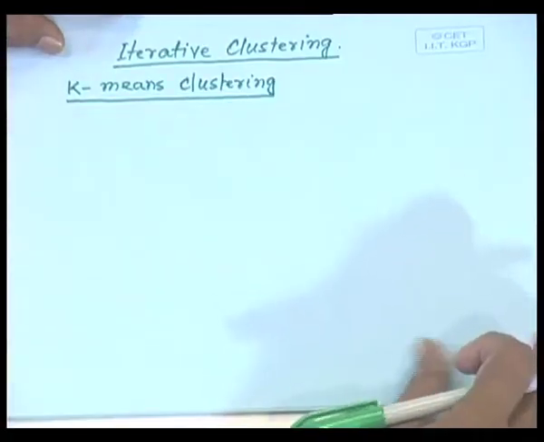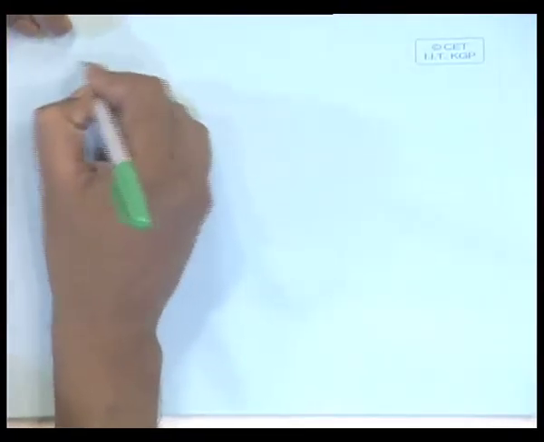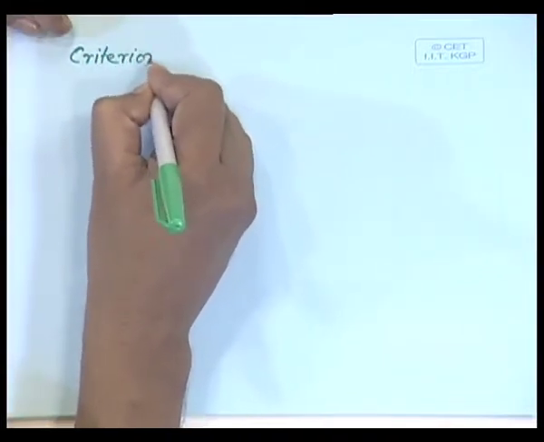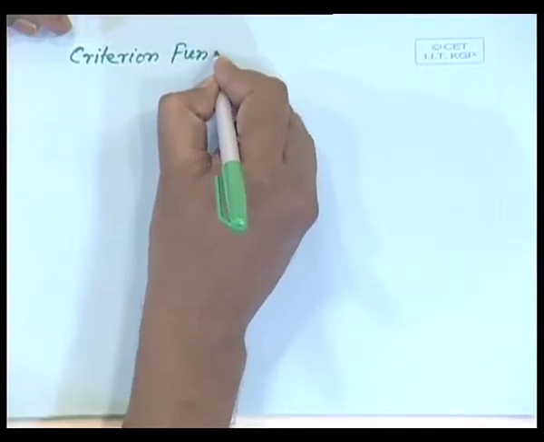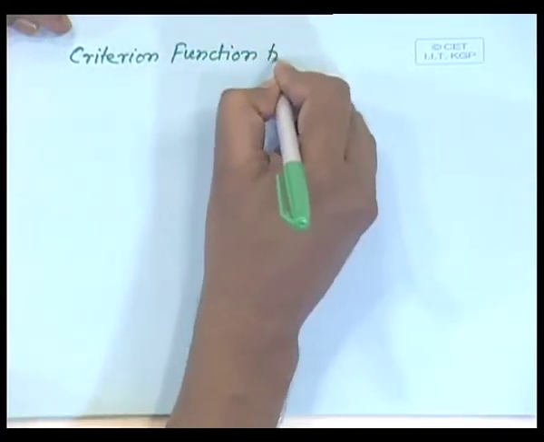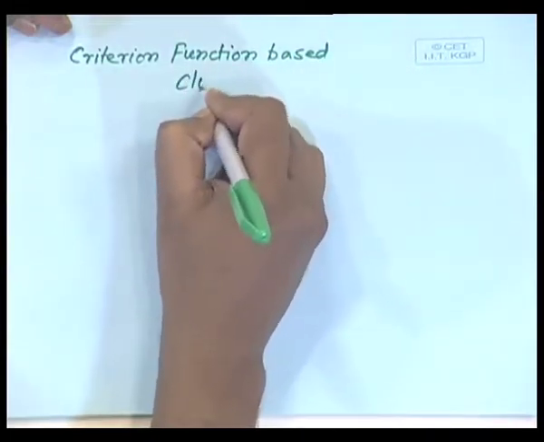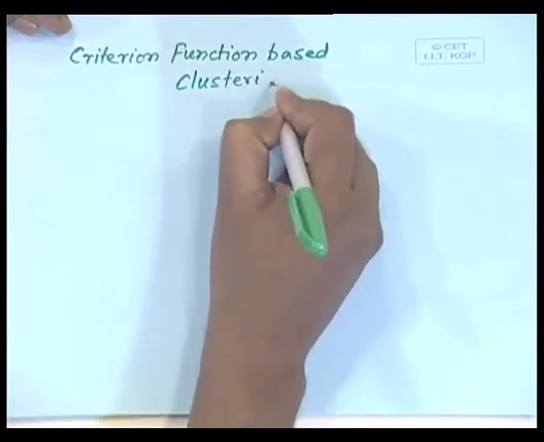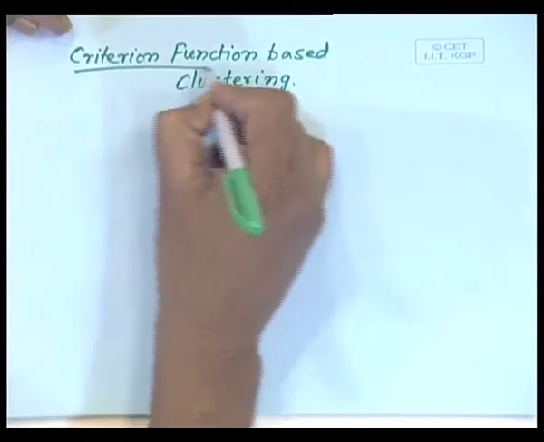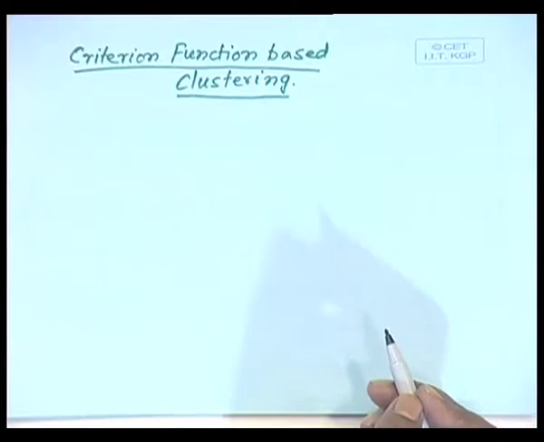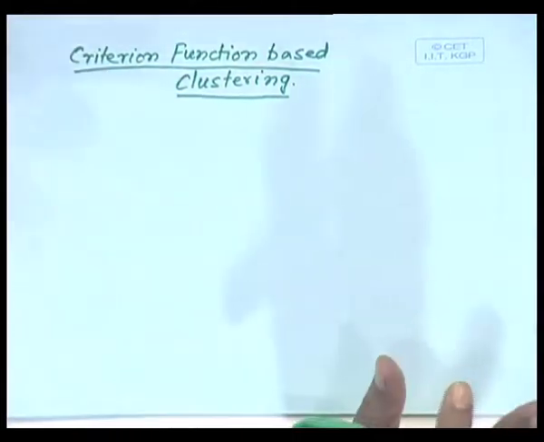So, this is criteria function based clustering. Again, in this case, I assume that I will form k number of clusters.